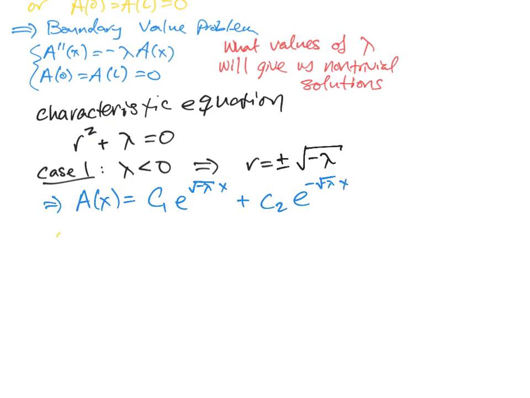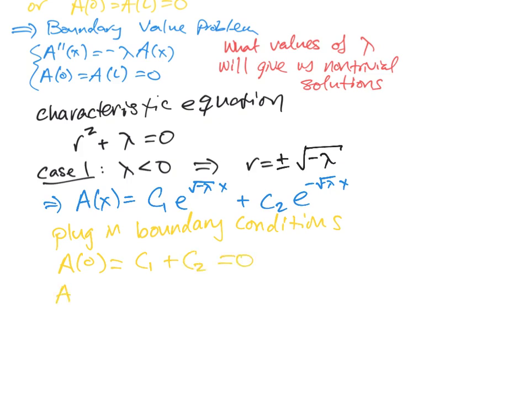And now we can plug in the boundary conditions. And we get a of 0 equals c1 plus c2 equals 0.